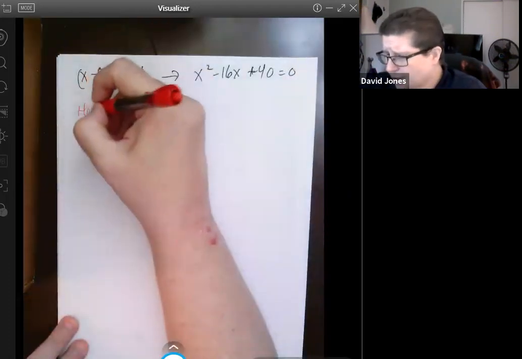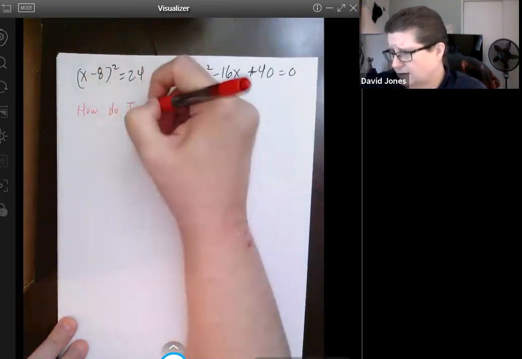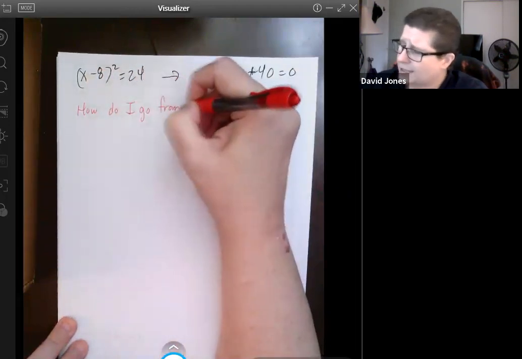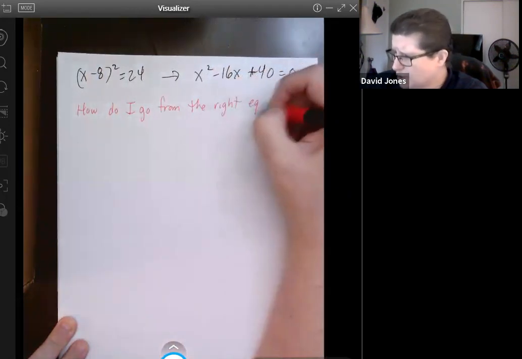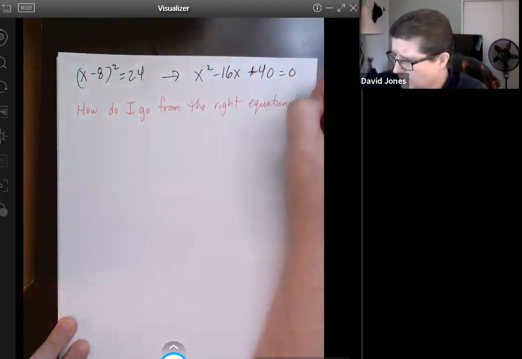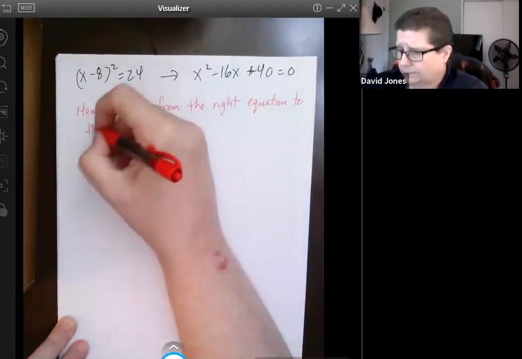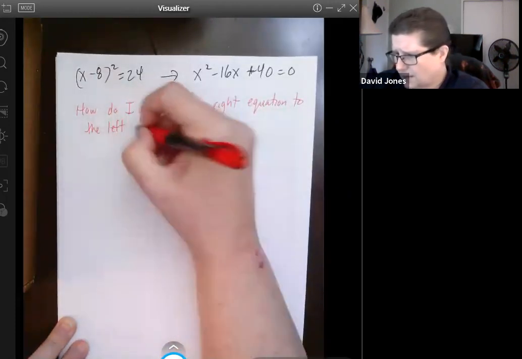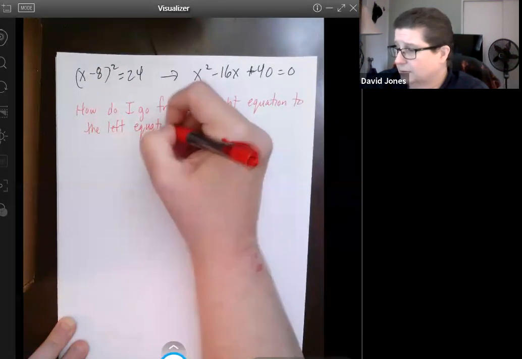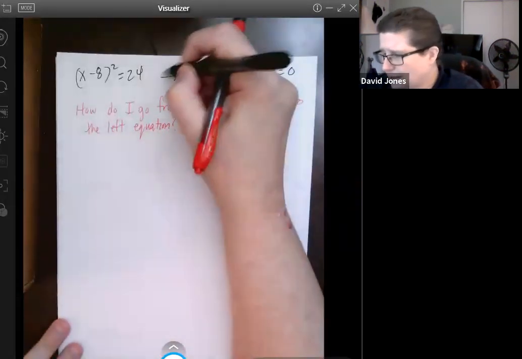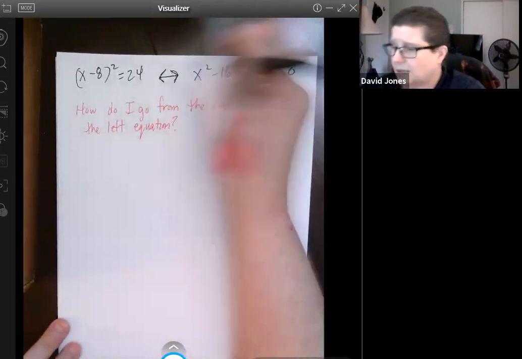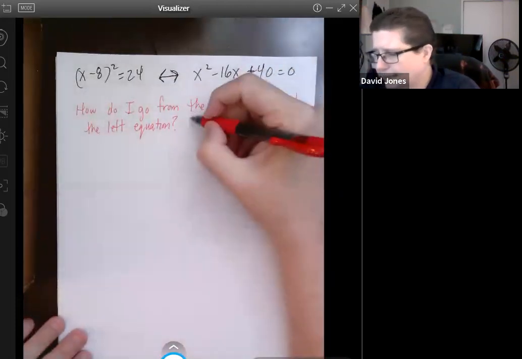How do I go from the right side to the left? Right equation to the left equation, where it is solvable. These are equal and the arrow goes both ways. This is called completing the square.